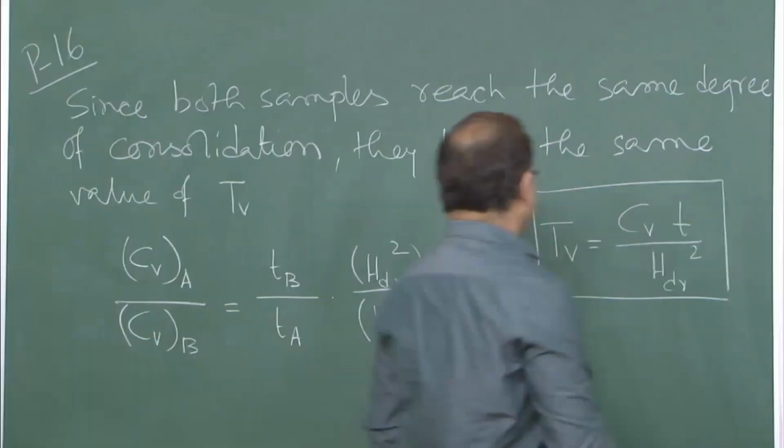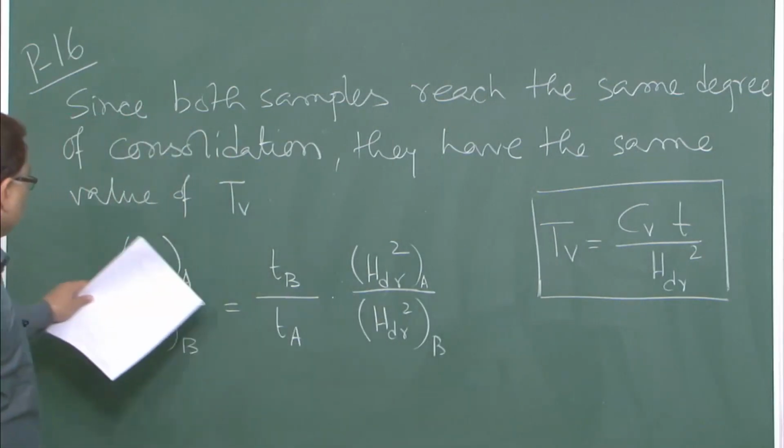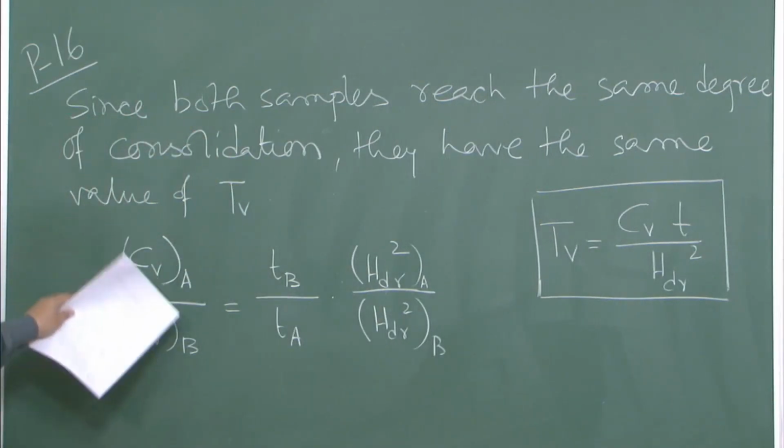So, now what can we get? CV A by CV B, that is the ratio we are calculating.